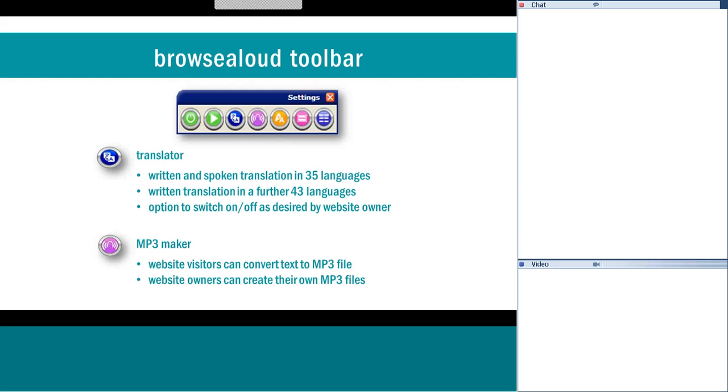And that can be turned on or off as desired by the website owner, depending on the content which they may have. It's also possible to take content from a website and actually convert it to MP3 as a visitor, so you can listen to it later. Or if you own the content as a website owner, you can actually use this tool to actually set up a podcast of information very, very easily.